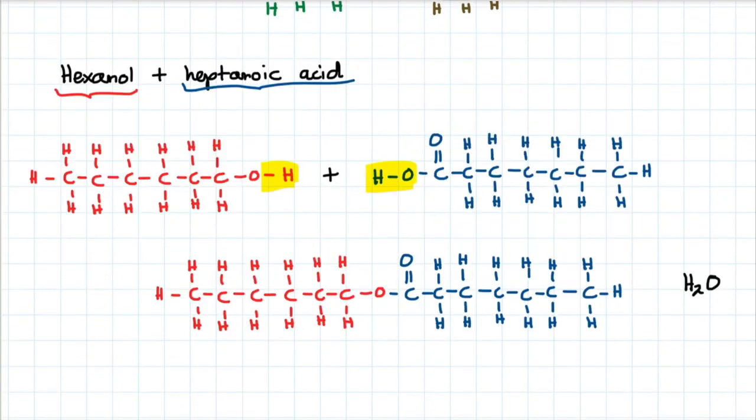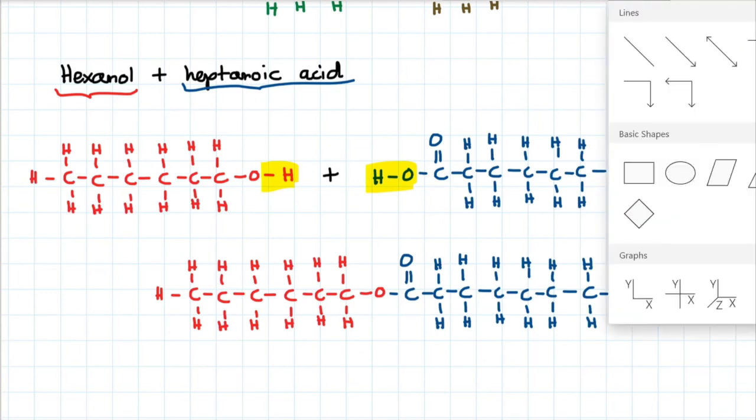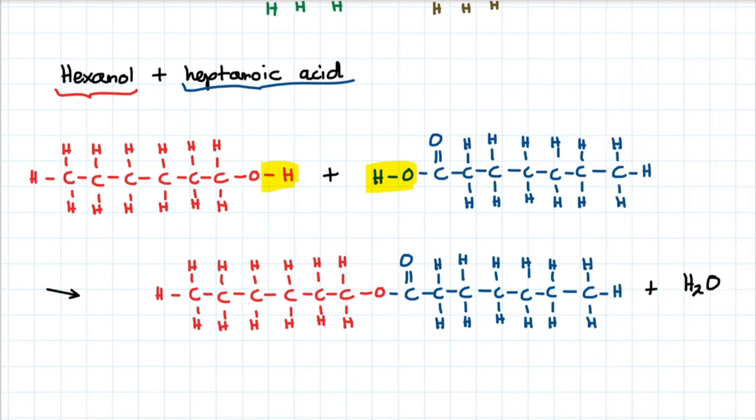In order to name this ester, we're going to have to identify which side comes from the alcohol and which side comes from the carboxylic acid. Since the alcohol does not lose its oxygen, we know that this side over here belongs to the alcohol. It contains 6 carbon atoms, and therefore the first part of the name of this ester is going to be hexanol.